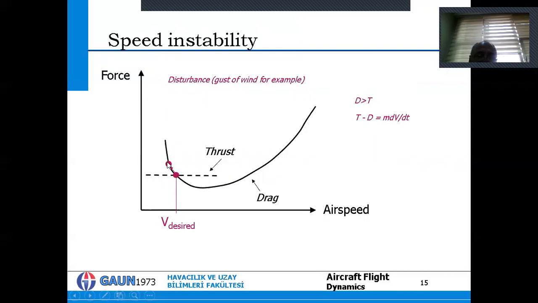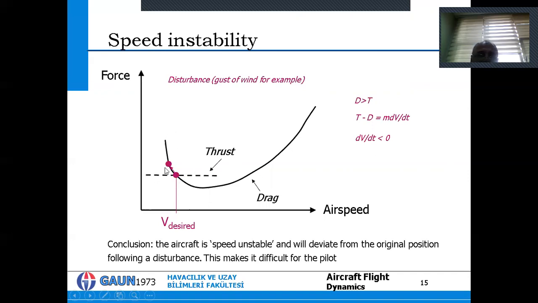What does it mean? It means this point will move farther to the left. So the speed will go down and down. Again, when it goes down, this parameter will be more and more negative, and this point will go more and more to the left. So obviously the speed is going further to the left.